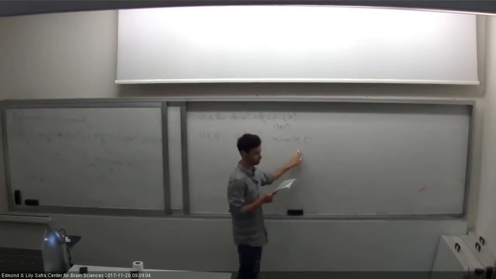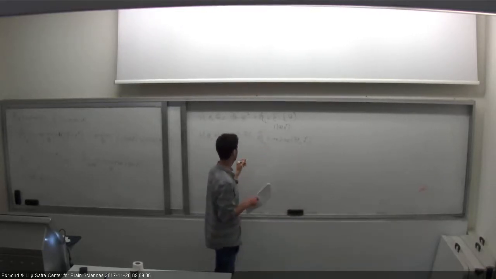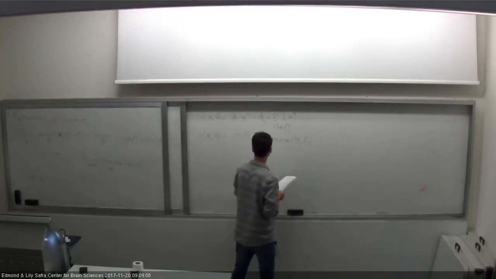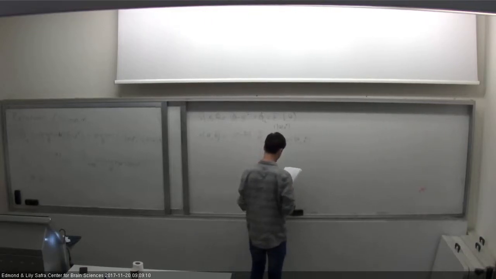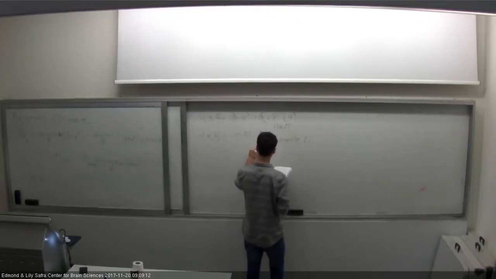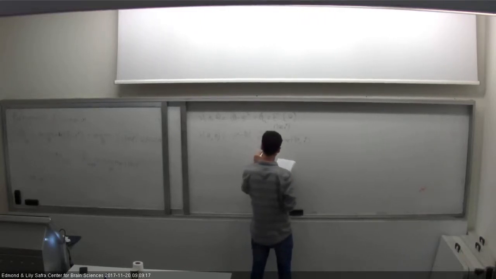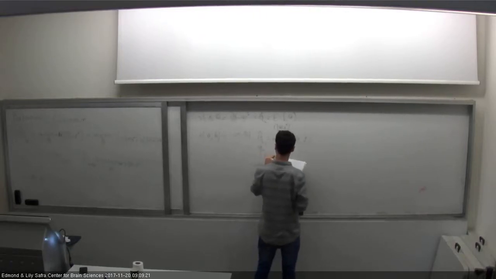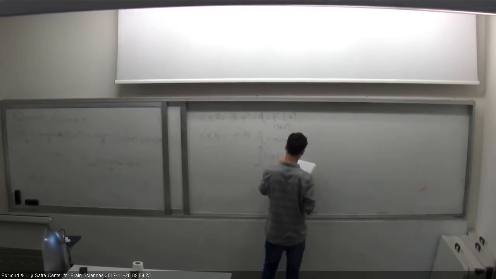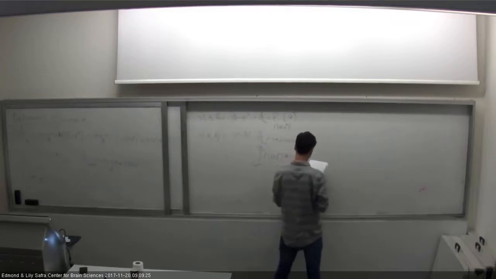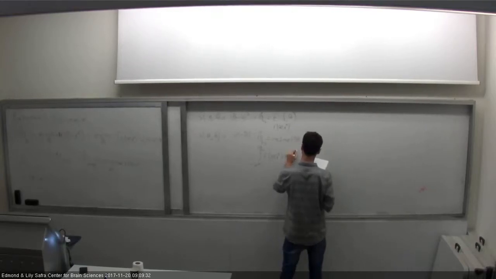Okay? The median is just the point, maybe I'll write it. So the median is the point such that the integral from minus infinity to this point is equal to the integral from this point to infinity of this function.